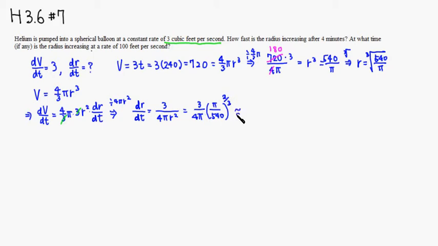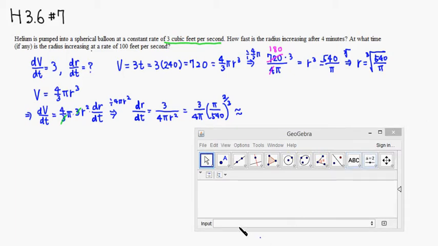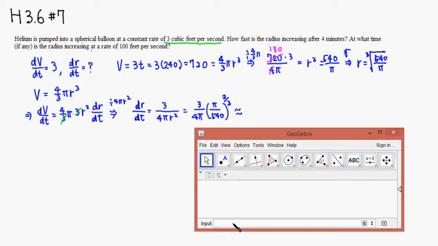Let's find this value: 3 divided by 4 pi, times pi divided by 540, raised to the 2/3 power.